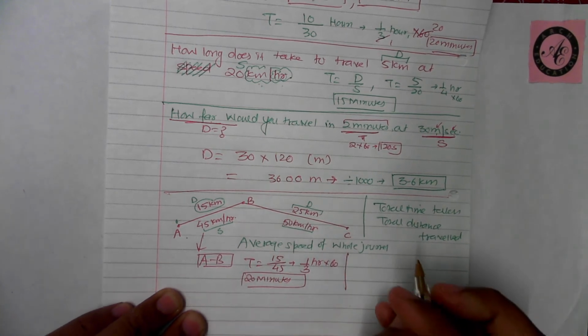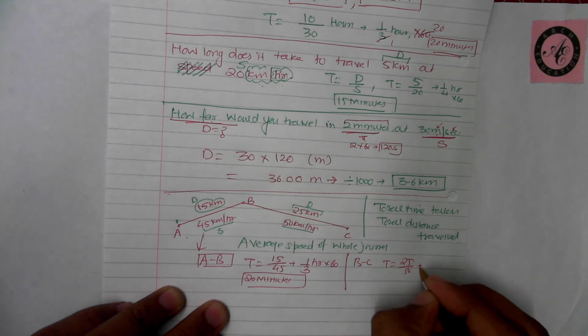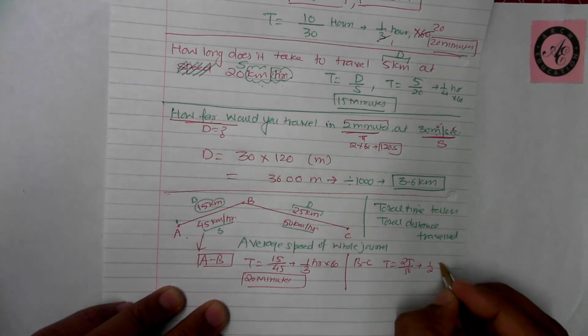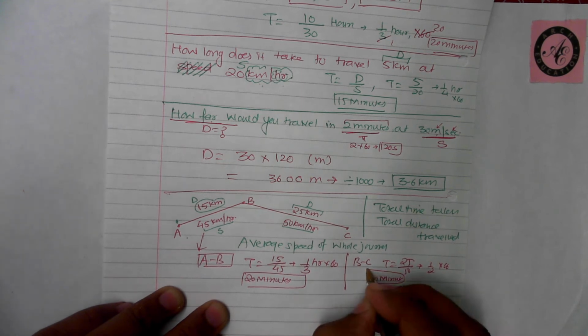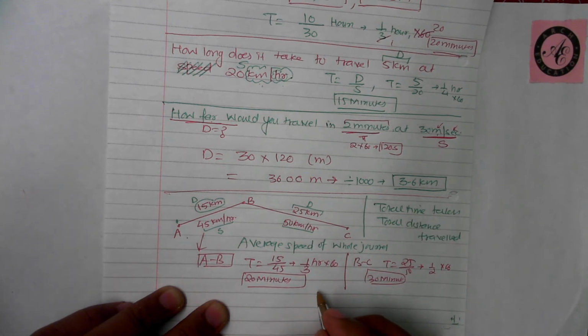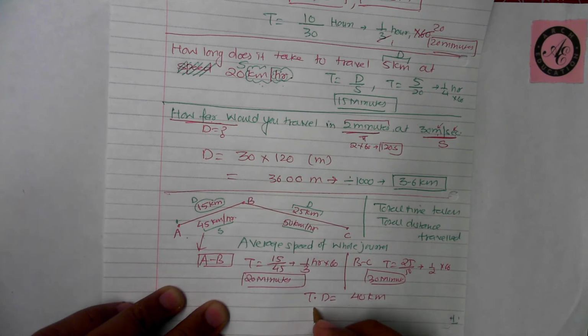Second part, B to C, time equals 25/50, which is half an hour, times by 60, which is 30 minutes. So the total distance traveled, TD, is 40 kilometers, and time taken is 50 minutes, and we have to find the average speed.